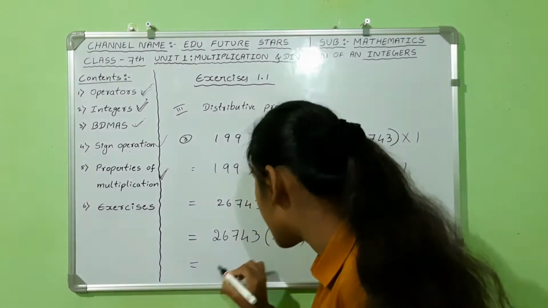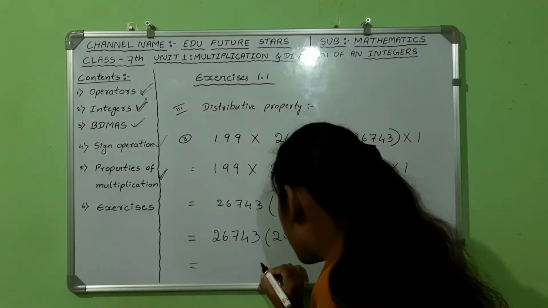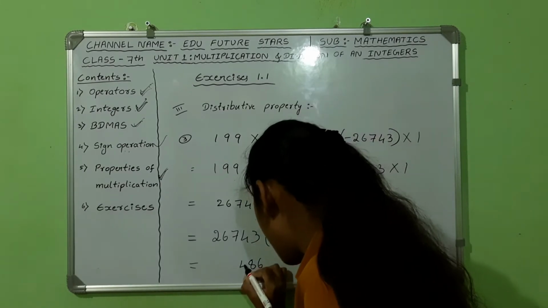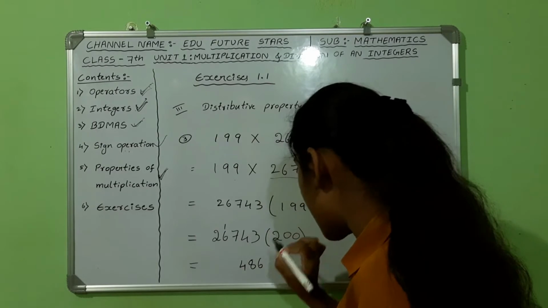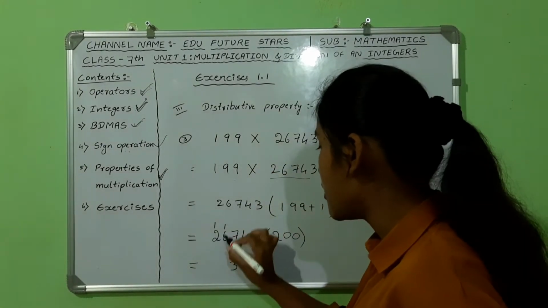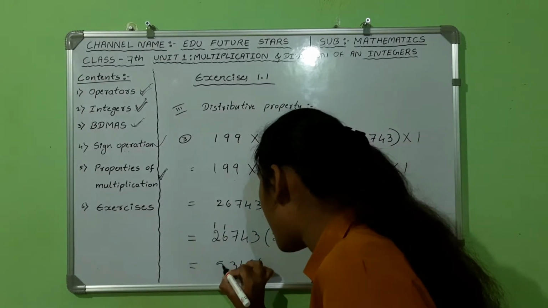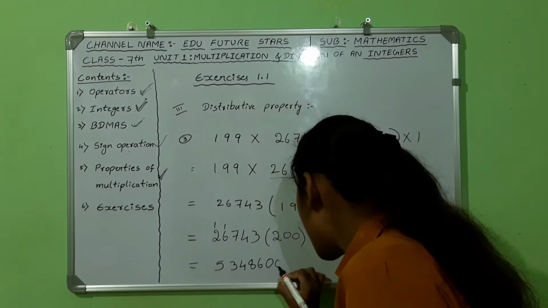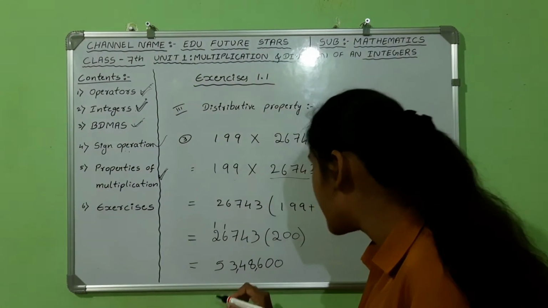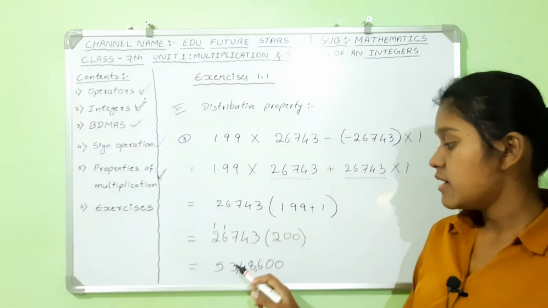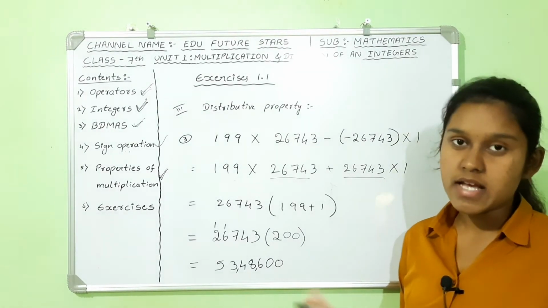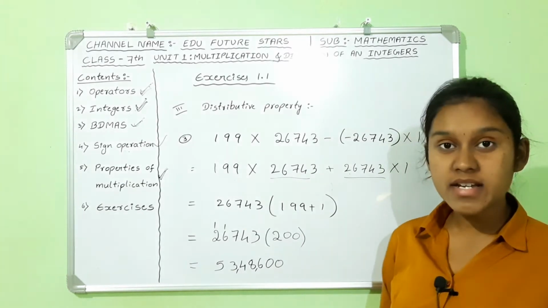We will get the final answer. 3 2s are 6, 4 2s are 8, 7 2s are 14, 1 carry, 6 2s are 12, 12 plus 1 is 13, 1 carry, 2 2s are 4, 4 plus 1 is what? 5, and 2 zeros added. Okay, now see, 53,48,600 is our answer. Okay, getting it?